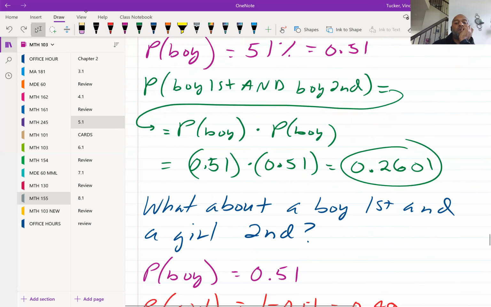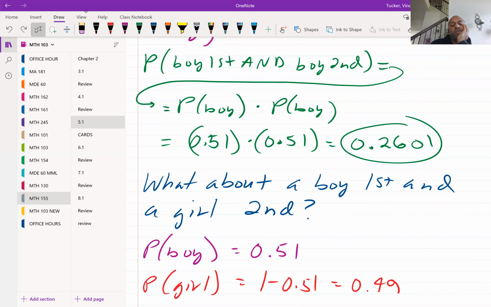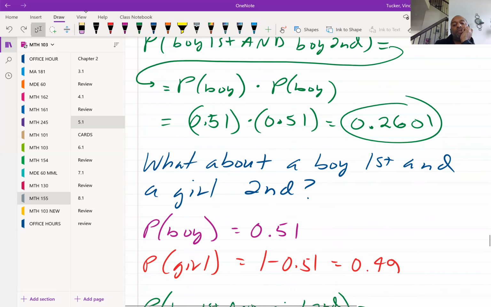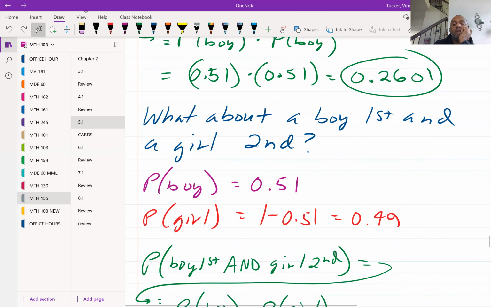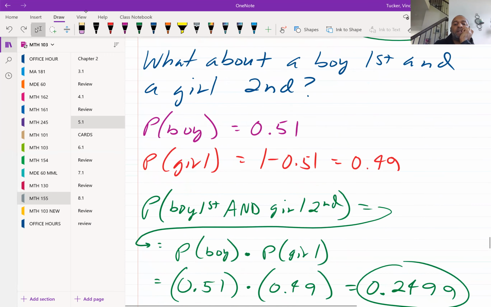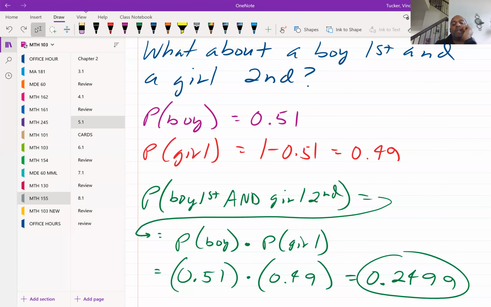All right. So boy is 0.51, girl is 1 minus 0.51, which is 0.49. So we multiply the probability of having a boy, times the probability of having a girl, which is 0.49, times that 0.51, and that'll give us 0.2499.